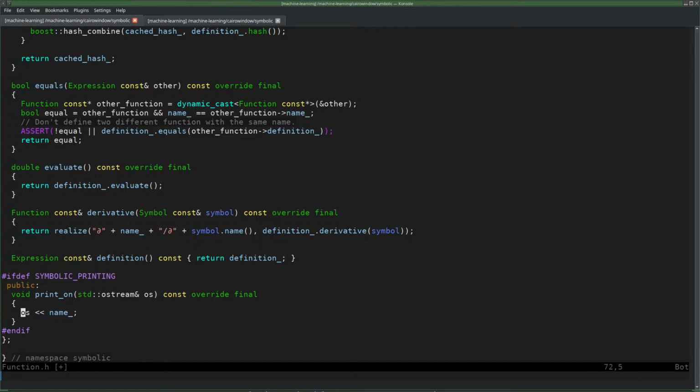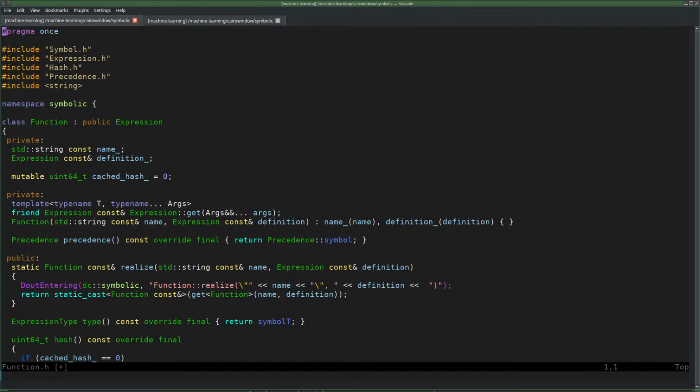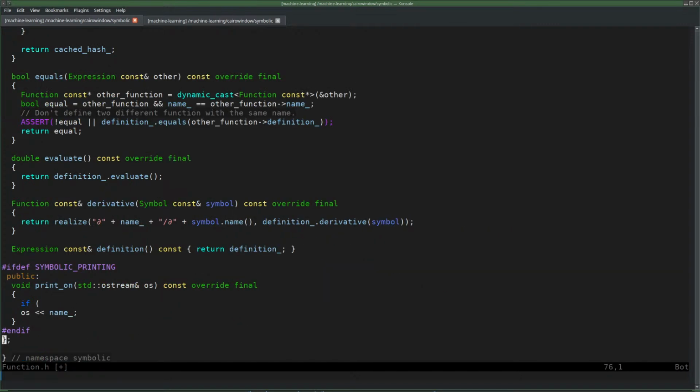Just print the name and then followed by the definition, or just skip the name altogether, I guess. So here I must be able to test if the IO manipulator is effective. Guess I have to include that here.